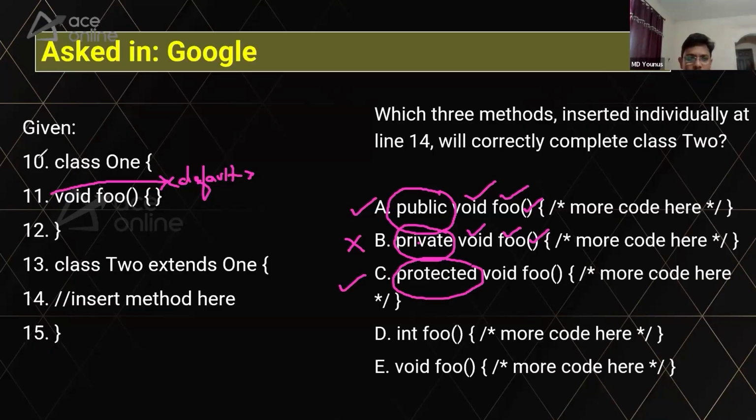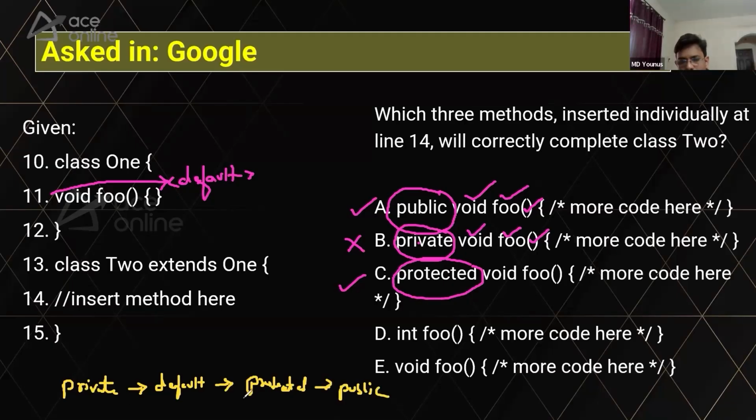You know the rule, we discussed this before. The most restricted modifier is private, then we have default, then protected, then public.